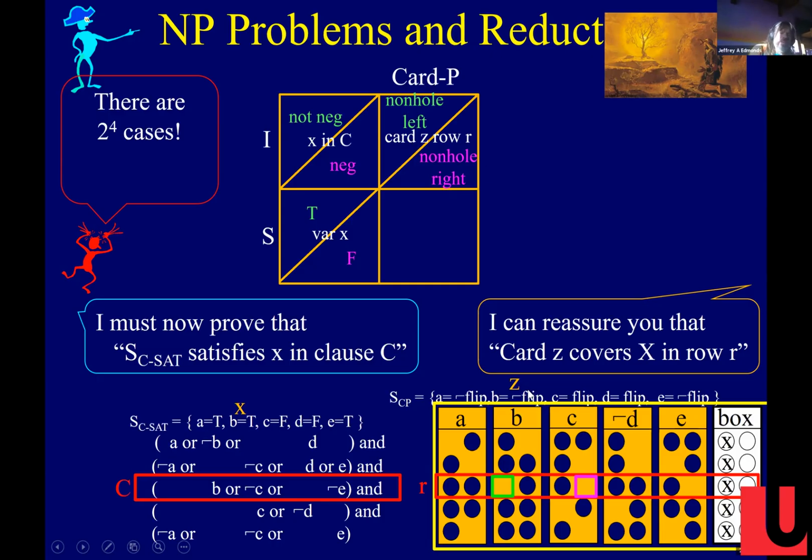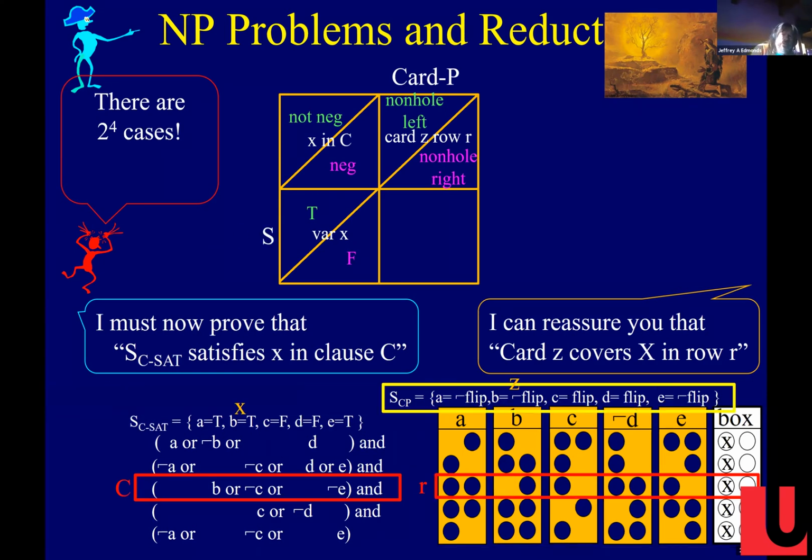We have a card we care about, a column we care about, a row we care about, and that card in that row might have a non-hole in the left and it might have a non-hole in the right. I guess it could also have a non-hole both places, but that's probably not going to happen. So now let's talk about the solution, right?